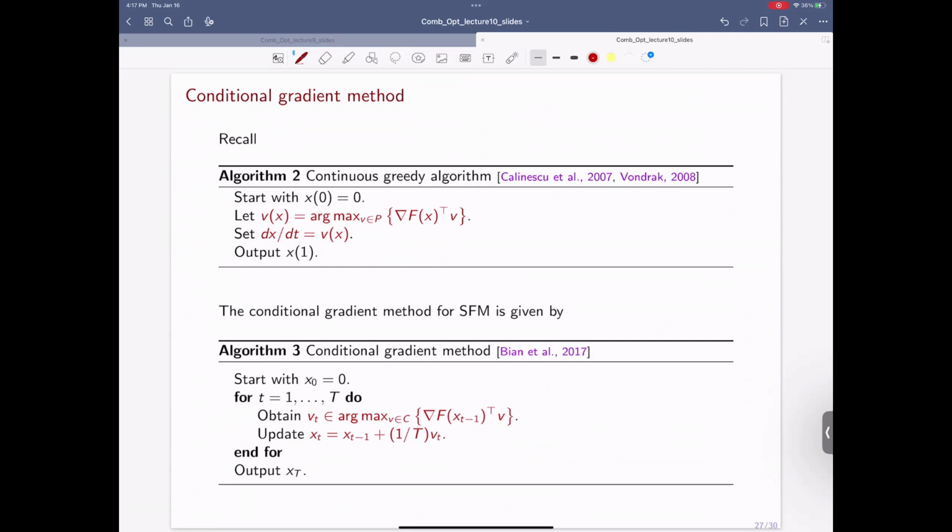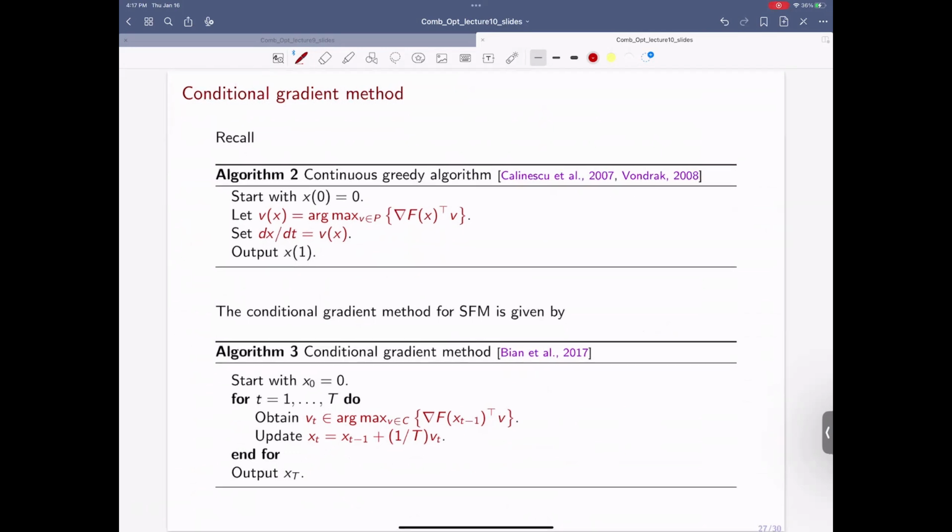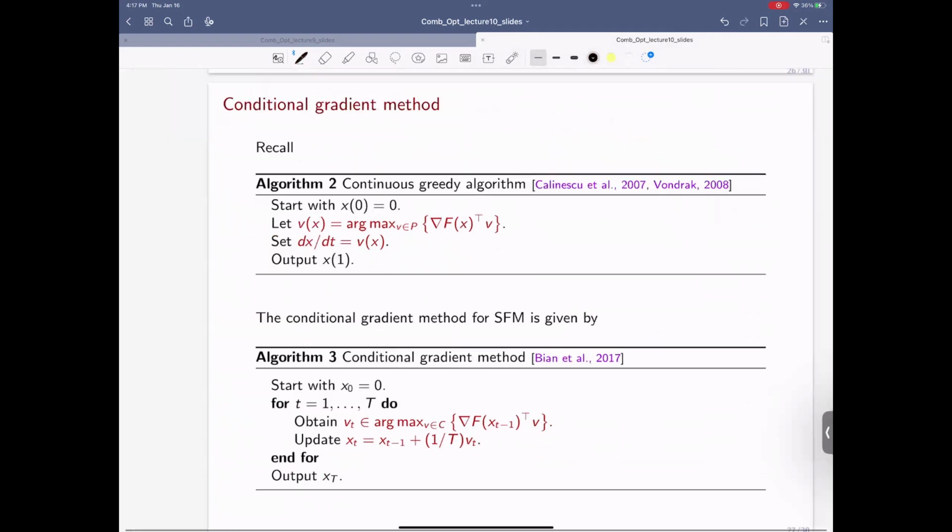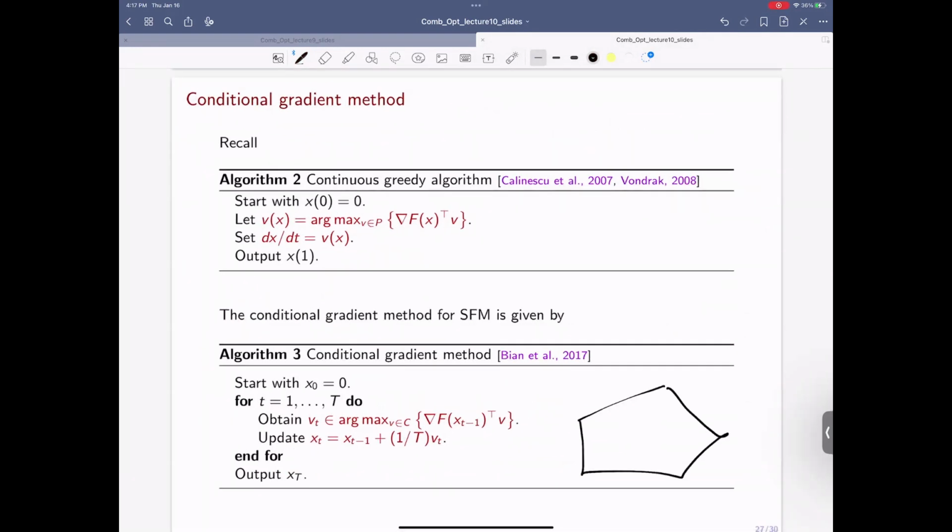So here, at every step, we compute the direction. We solve this linear optimization over this convex set C, like we did for the polytope case. I have my current solution x_{t-1}, and I compute the gradient, the gradient of f at x_{t-1}. If you move along this gradient direction, you are increasing your function value.